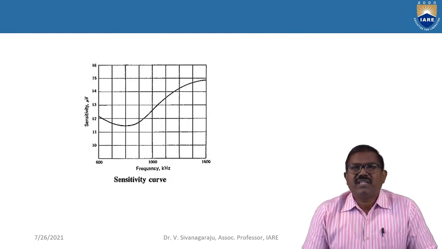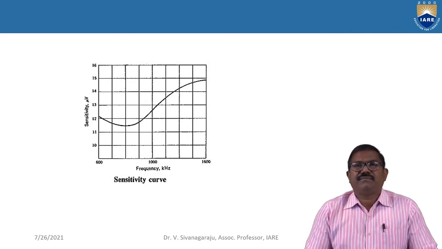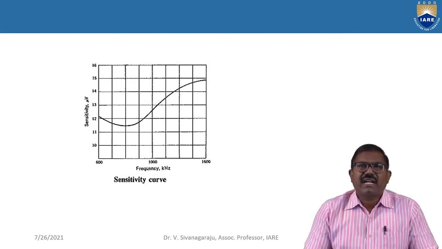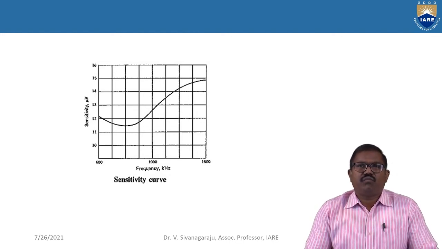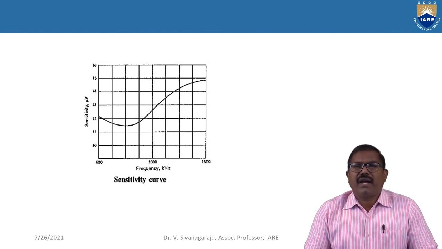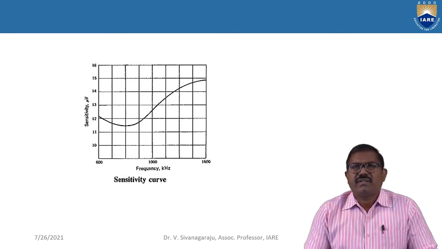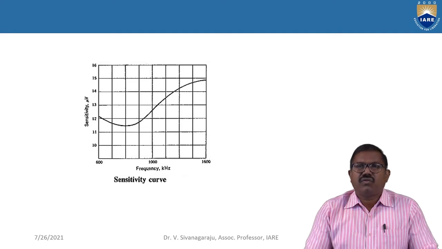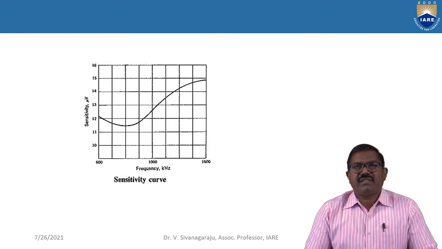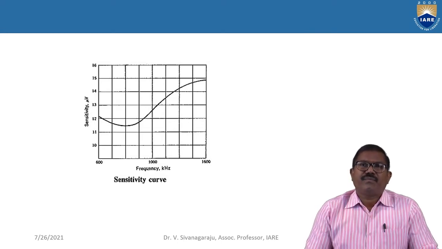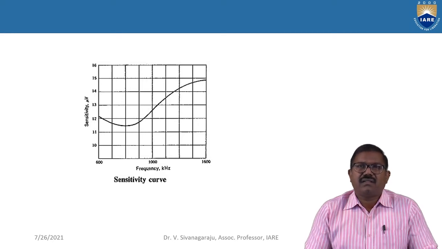So this is our sensitivity curve. Generally the sensitivity is in microvolts, and here the x-axis is the frequency in kilohertz. In this curve it shows frequencies from 600 to 1600 kilohertz, and the sensitivity is on the y-axis, from 10 to 16.